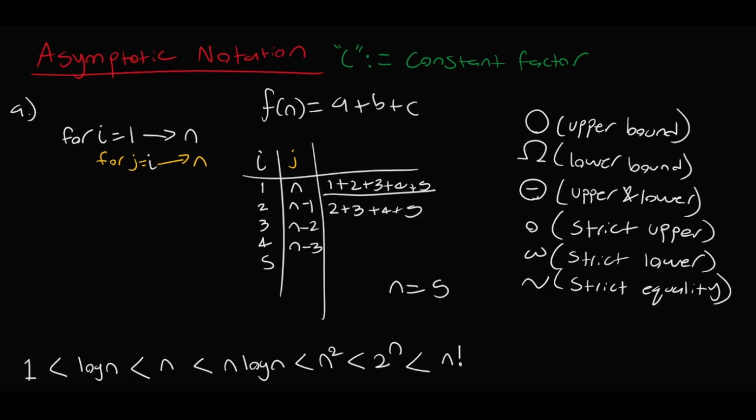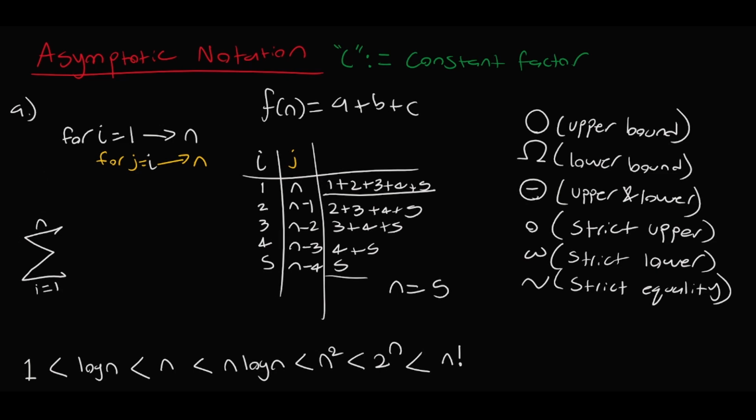Then we start with 3, then 4 plus 5, and then 5. This is called the arithmetic sum. It can be shown by the arithmetic sum, where i is equal to 1, which is the same thing as our for loop up here.